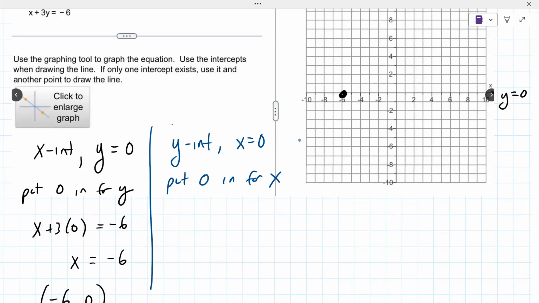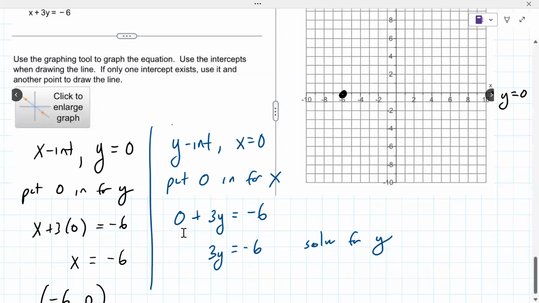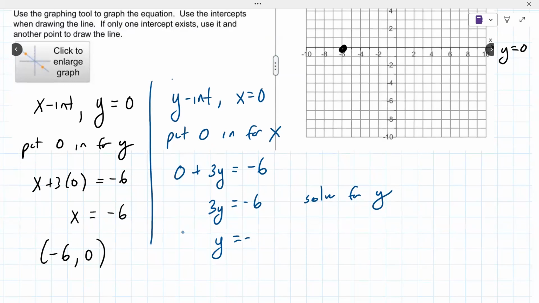So this time it's 0 plus 3y equals -6. Notice that there's only one variable left over because the other one is 0. 3y equals -6. And then you're going to solve for y. So y is -2. And there's your other point, (0, -2).